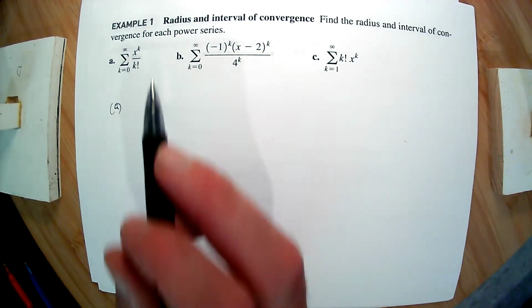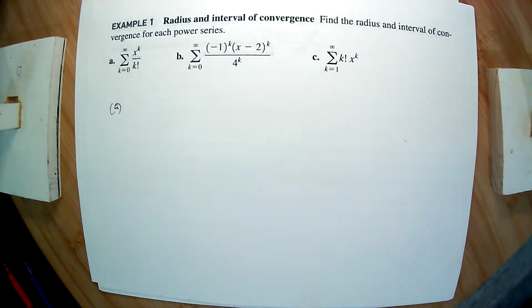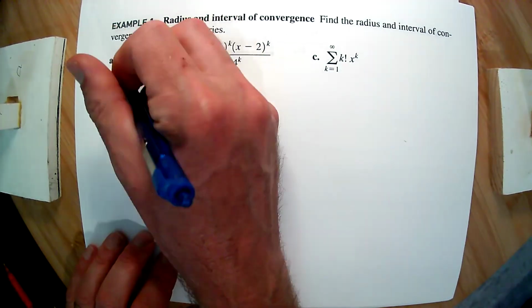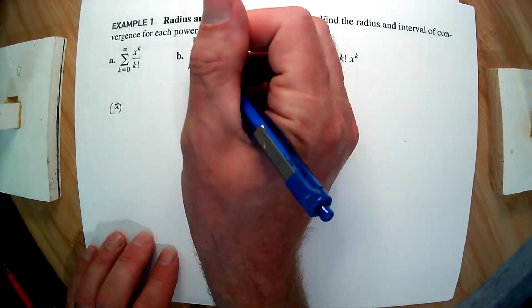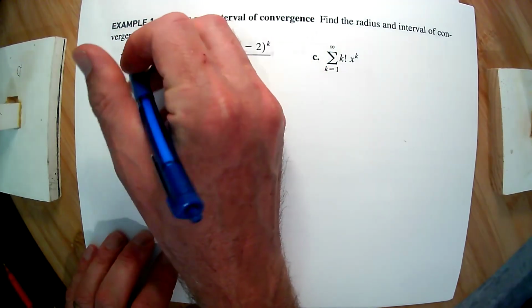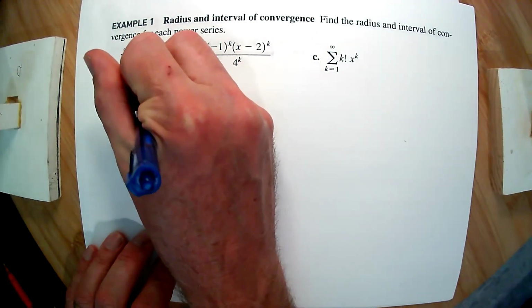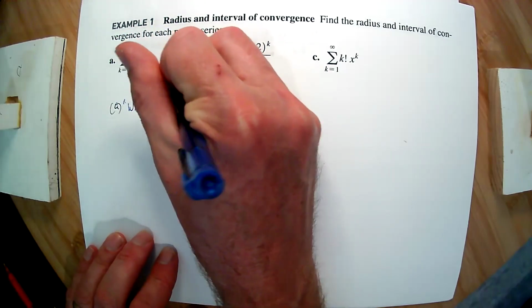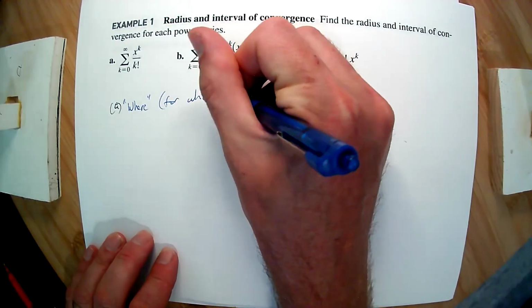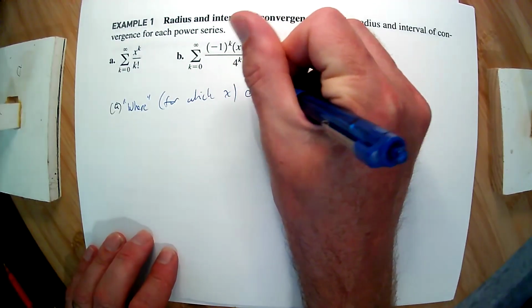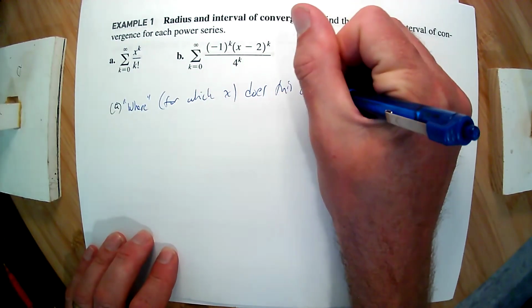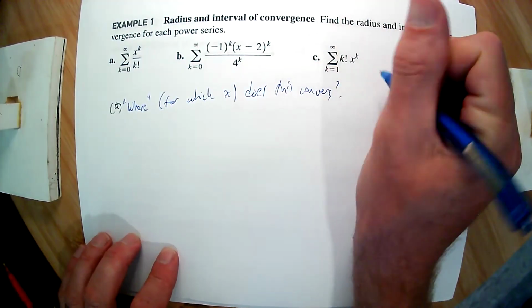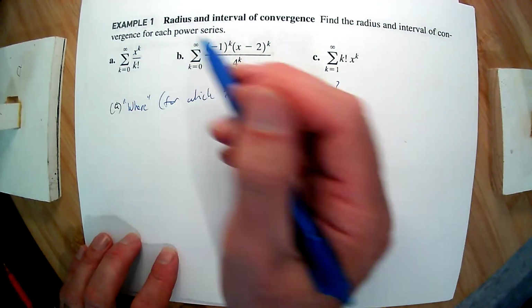Because I see this factorial here, I'm going to try the following. The question is, for which x does this converge?